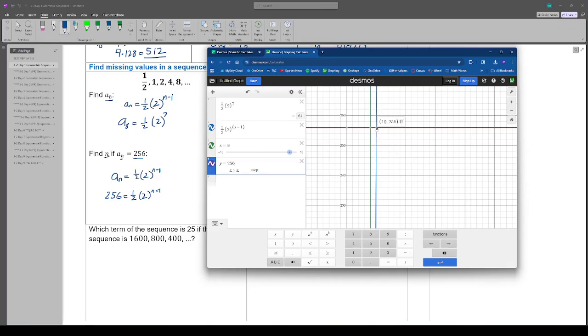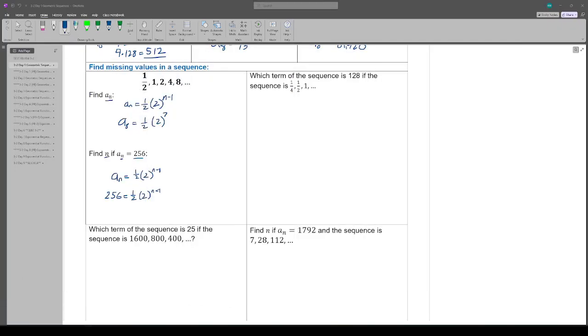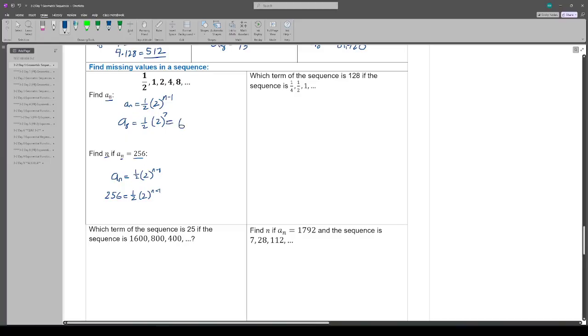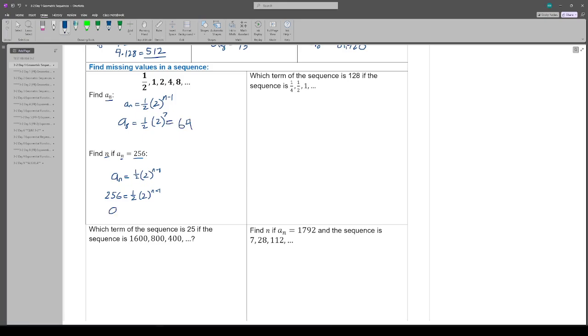So we now have our answer to part 1 is 64. So A8 equals 64. And for part 2, we got A10 is equal to 256. So we found that n, or in our case, the graph was x, not n, but that's because it's Desmos. So we found that when x is 10, y is 256.